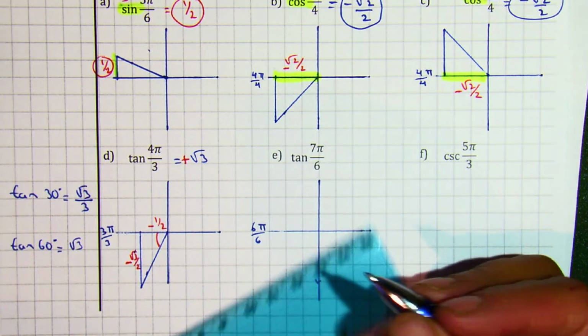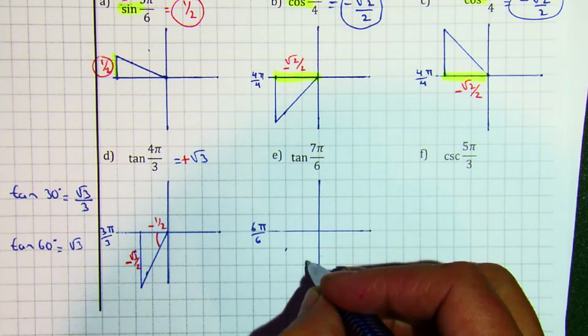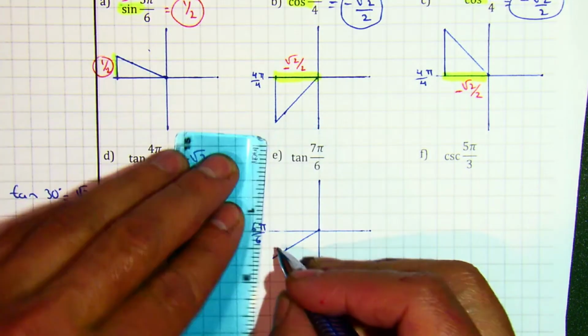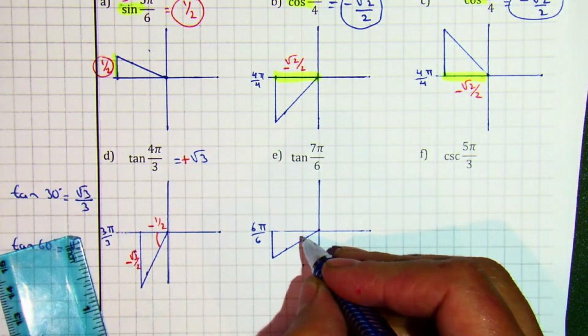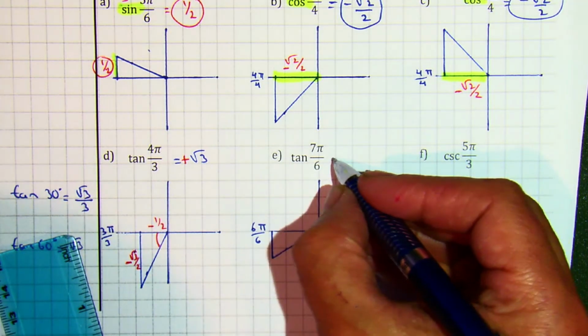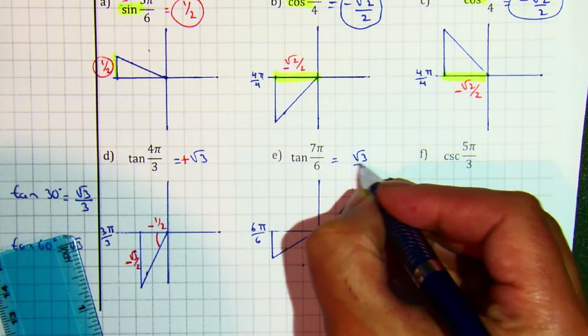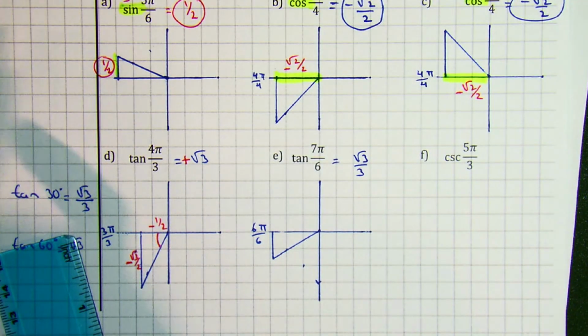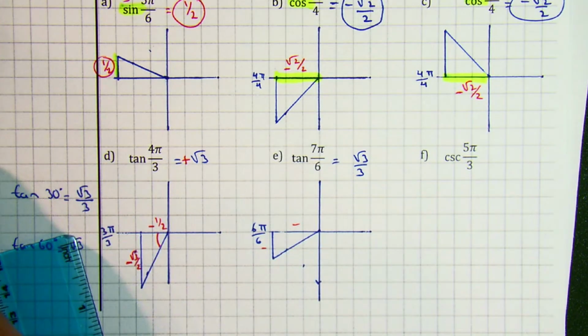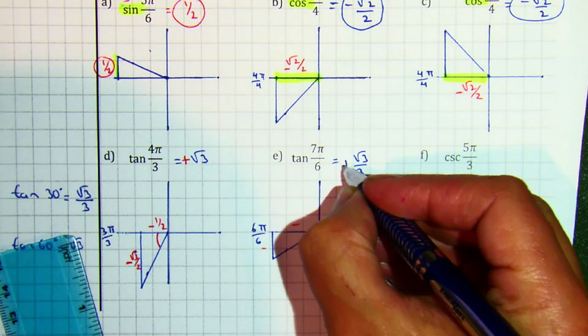That means I need to do one more 6, which is my 30 degrees, which will be located here. And the 30-degree reference angle for tangent will be square root of 3 over 3. Positive or negative? Well, my y value is negative and my x value is negative, so therefore negative divided by negative will be a positive.